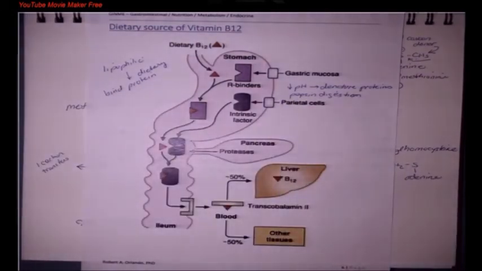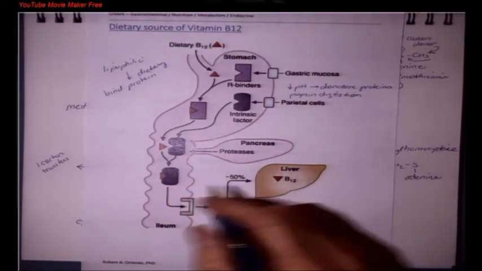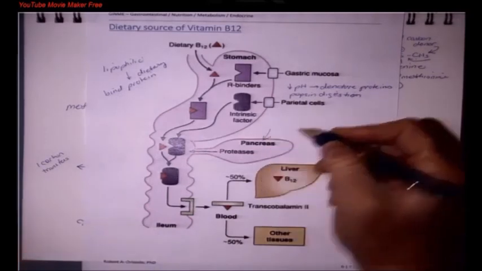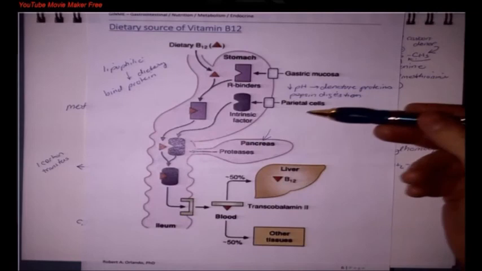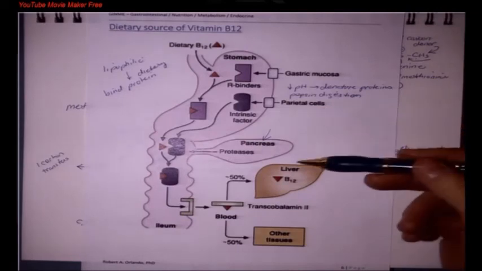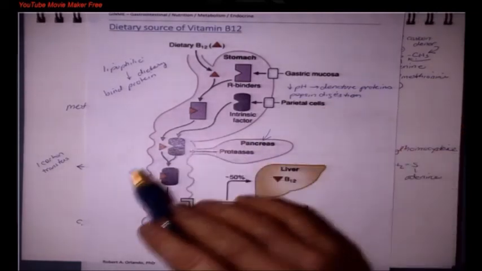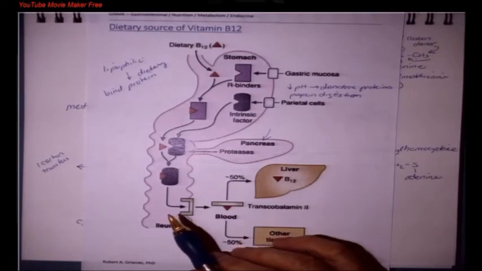Now, once we start losing this vitamin B12, we have another problem here with the pancreas. So the pancreas is going to put out our enzymes that are going to digest the proteins, the proteases, but all of the enzymes that the pancreas put out are proteins.